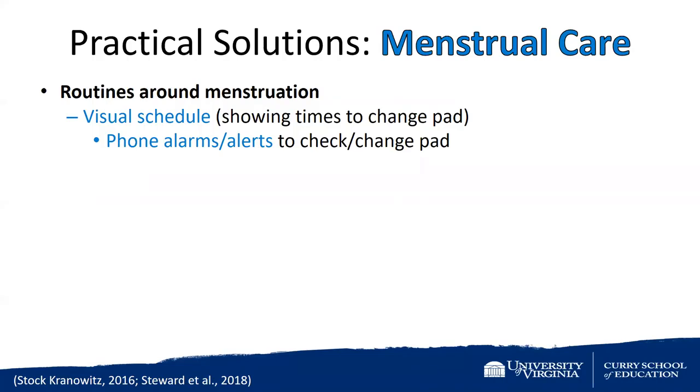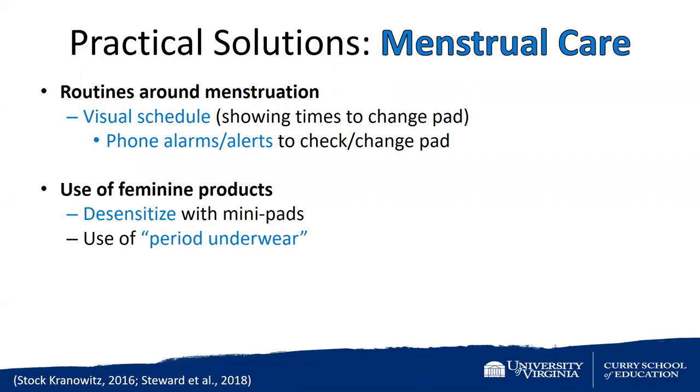Using a visual schedule showing times to change their pad, or even using a phone alarm or alerts to check or change a pad, may be helpful, especially when puberty is first hitting and that routine is not yet integrated into their day-to-day life.